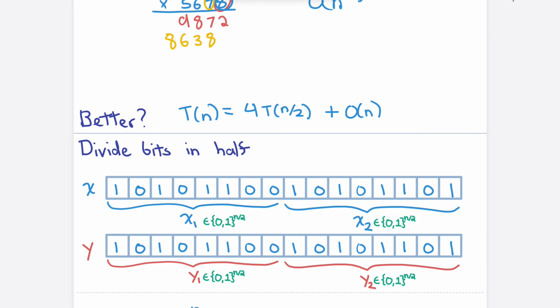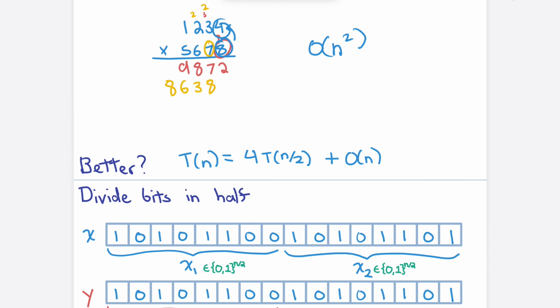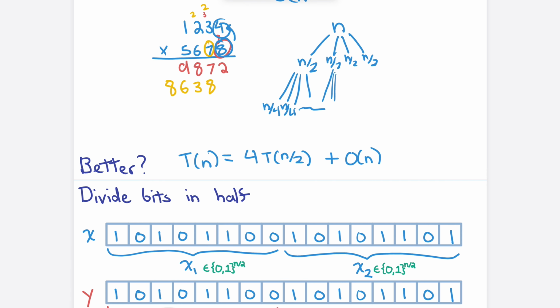Now, I think the most natural thing to try to do. And now if we start writing a recurrence tree, my top problem has size n. Then I have 4 problems of size n over 2. Then each of these will have 4 problems of size n over 4. Something like this, and it'll go on and on.